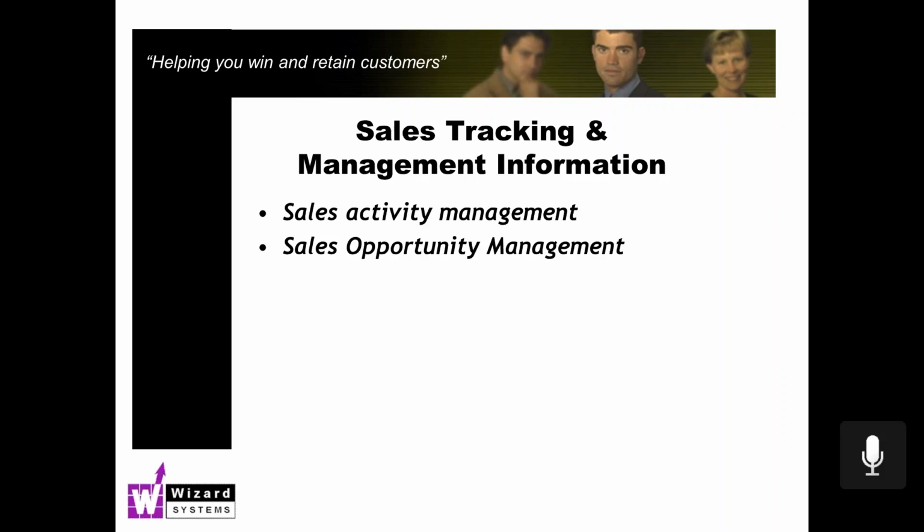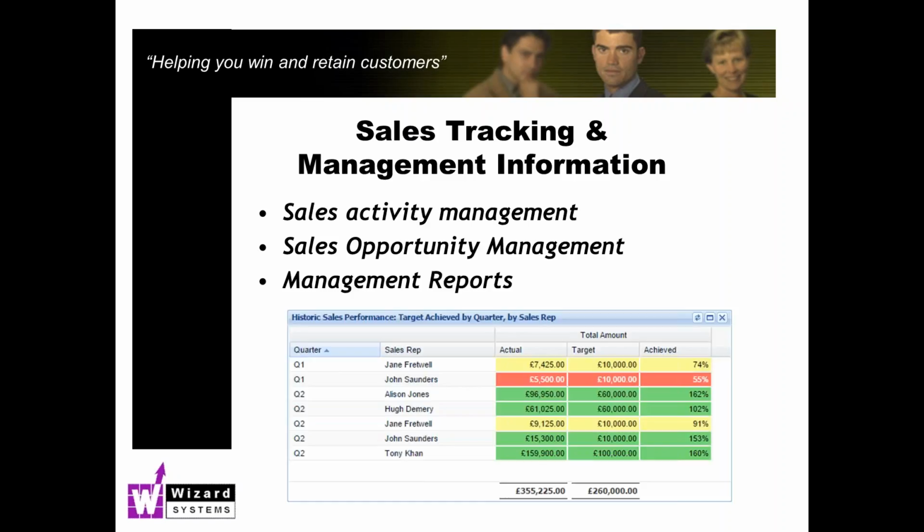A big part of using a CRM system for many of our clients is managing opportunities, your sales pipeline. And to help you see what's going on, there are a couple of tools in Workbooks. First of all, there's a report writer. There's some reports in the system. There's about 50 reports provided with Workbooks, and you can create your own very easily as well.